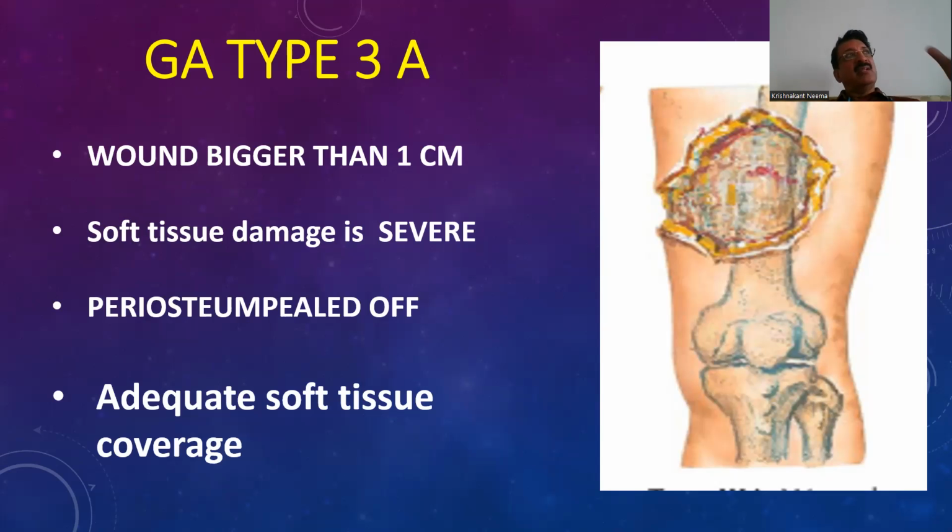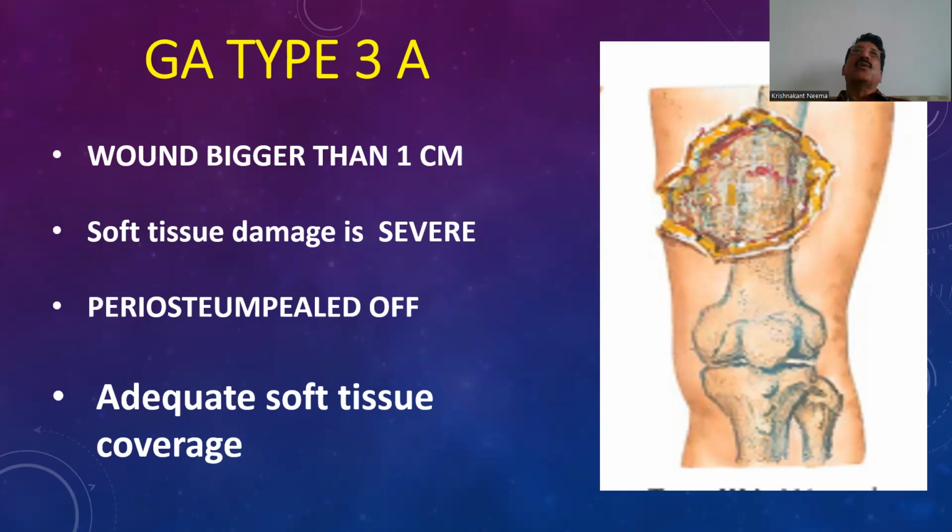That means skin is gone, wound is bigger than 1 centimeter. Periosteum is avulsed here. But the catch is, although there is severe soft tissue injury, although periosteum is avulsed, the catch of 3A is that the fracture is covered by soft tissue.